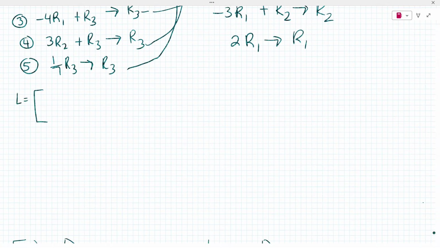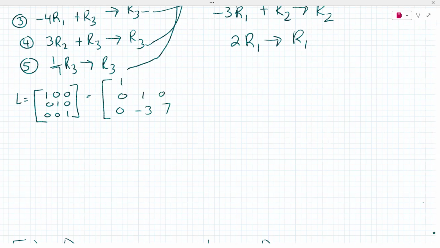Start with your identity matrix, which is 1 0 0, 0 1 0, 0 0 1, and start with our first one: 7 row 3 gives us row 3. So you're going to mess with row 3, and that will give you 0 -3 7, 0 1 0, 1 0 0.